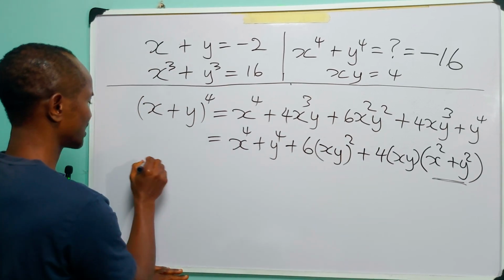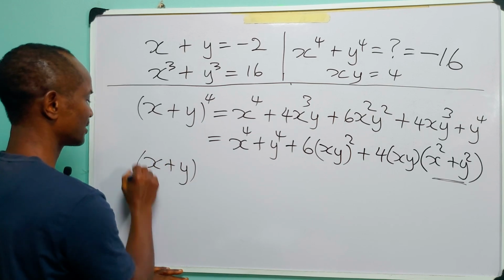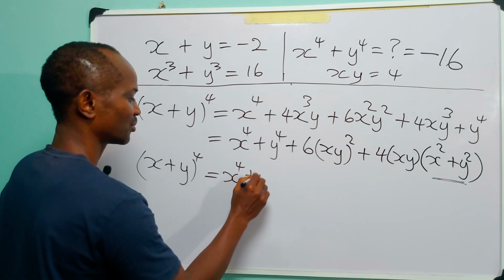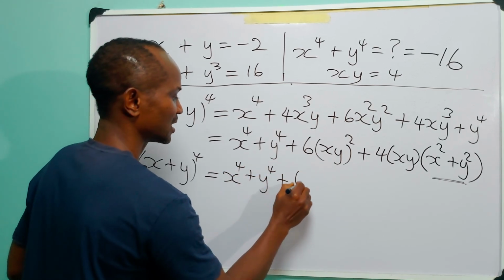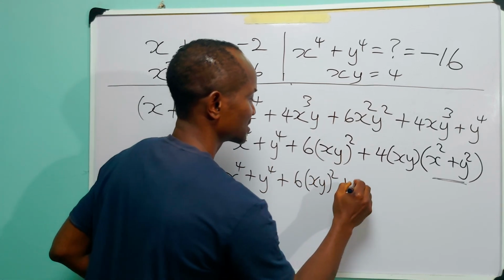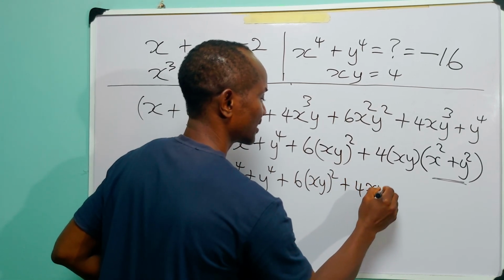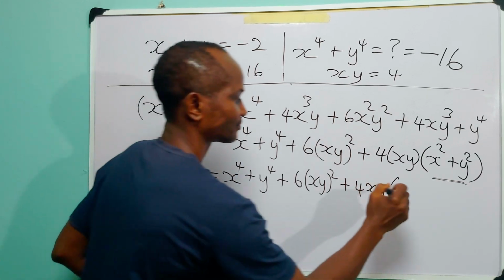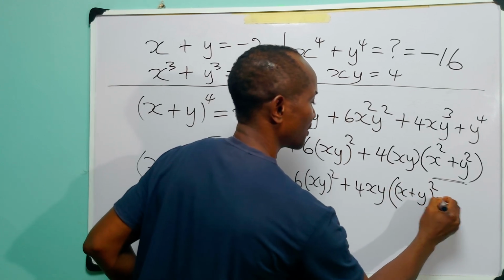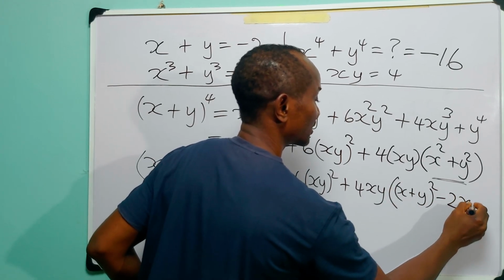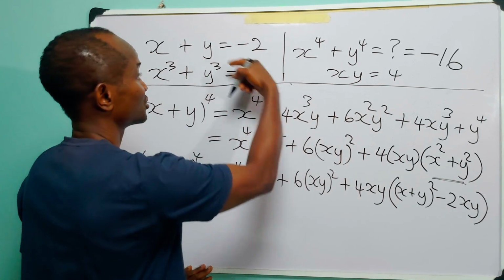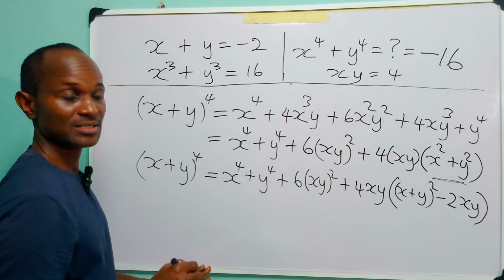So ultimately we have that x plus y raised to power 4 is equal to x raised to power 4 plus y raised to power 4 plus 6x squared y squared plus 4xy into x plus y squared minus 2xy.